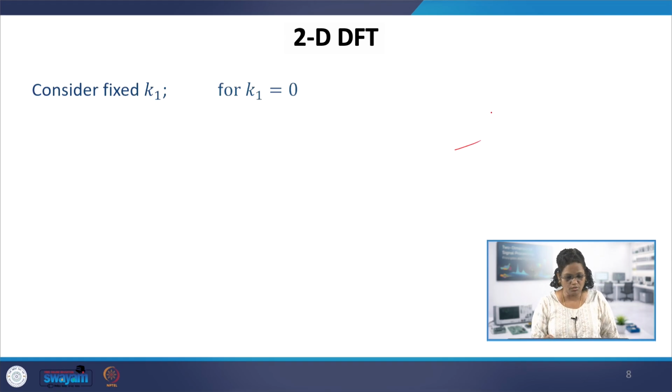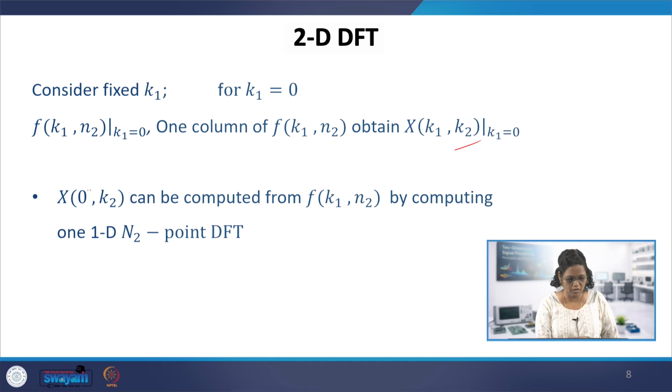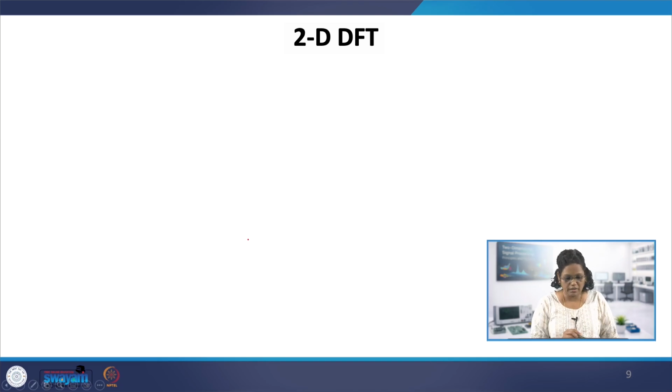Next we take this sequence f of k1 comma n2. For k1 equal to 0, that first value is going to be one column of f of k1 comma n2, and we obtain x of k1 comma k2 for k1 equal to 0, k1 equal to 1 and so on. So every column now we have to take, and x of 0 comma k2 we get when k1 is 0, that is the 1D n2 point DFT. This should be repeated for n1 columns.